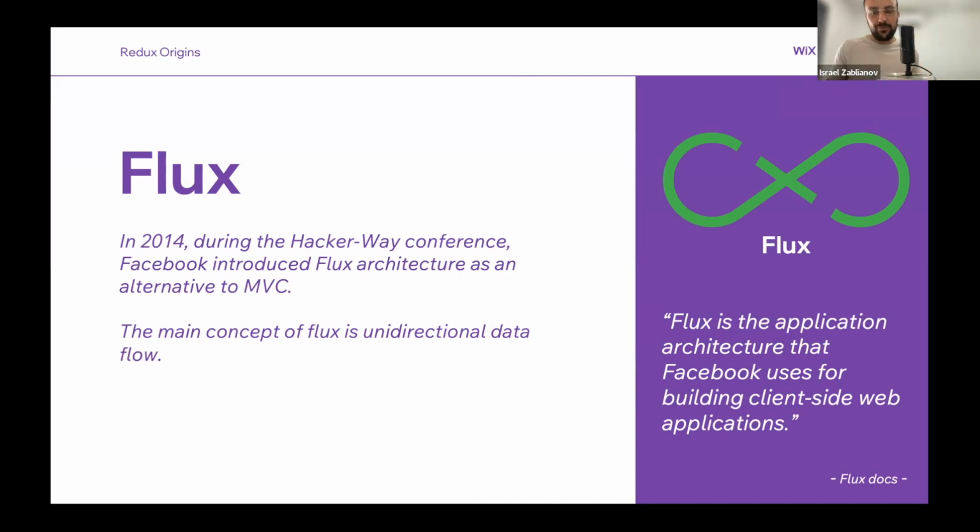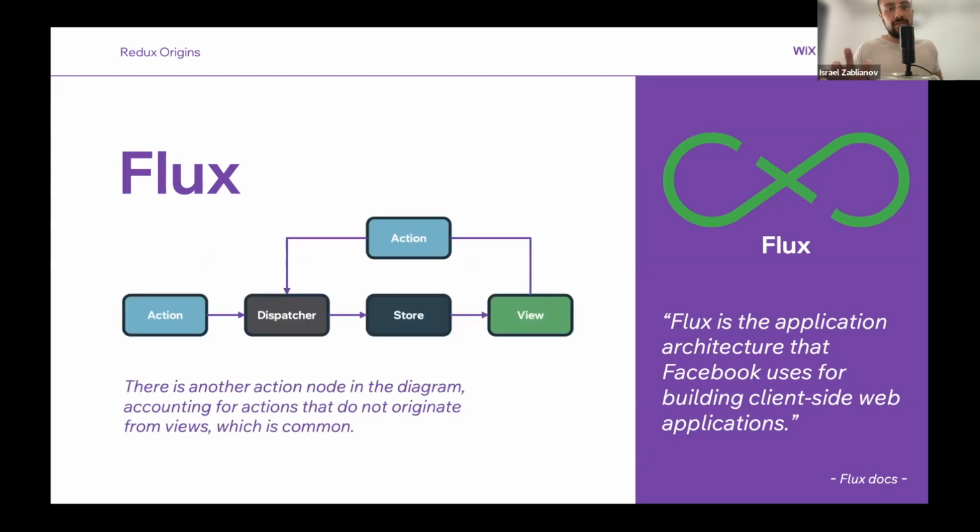The main concept of Flux is a unidirectional data flow, as opposed to MVC, which is a bidirectional data flow. And Facebook moved all their application to use the new Flux architecture. And this is the diagram that they presented. As you can see here, the data flows in one way, to the right, in a circular way, only in a single direction.